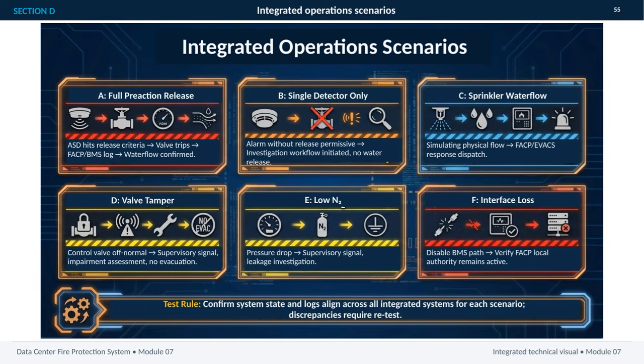Low nitrogen pressure produces a supervisory signal and triggers leakage investigation. Finally, interface loss disables the BMS path, while the test verifies that local FACP authority remains active. Together, these scenarios validate both life safety actions and integrated system reporting.